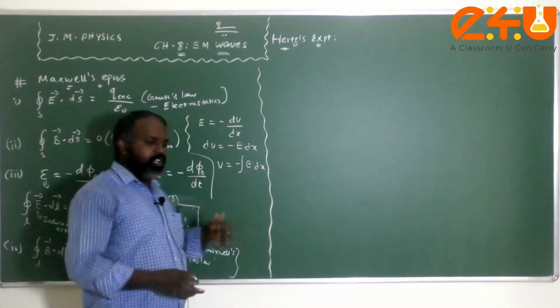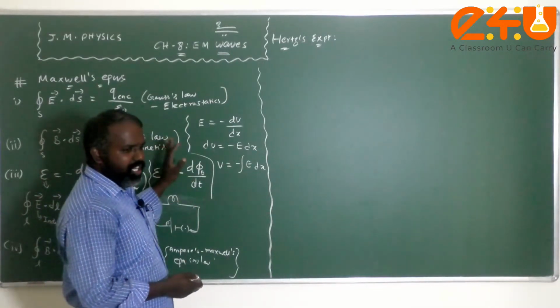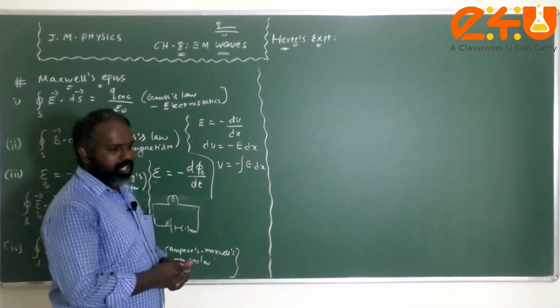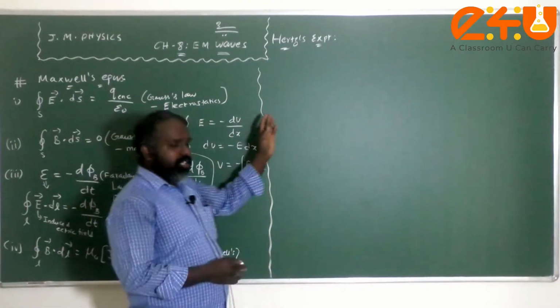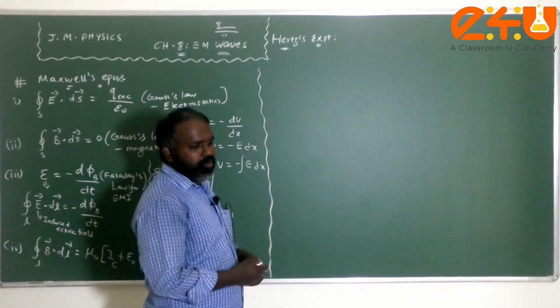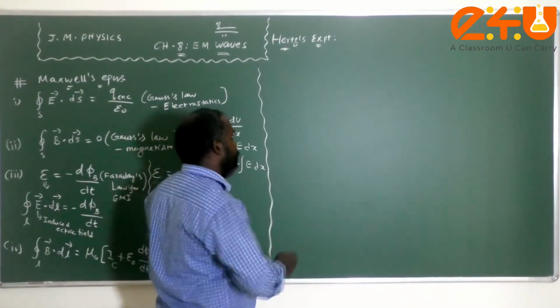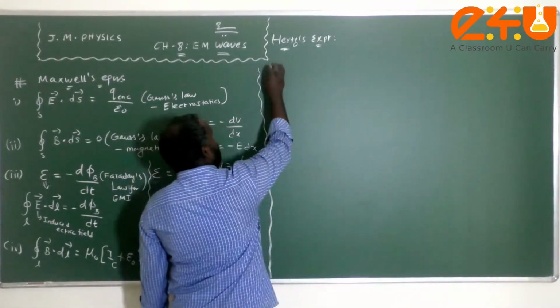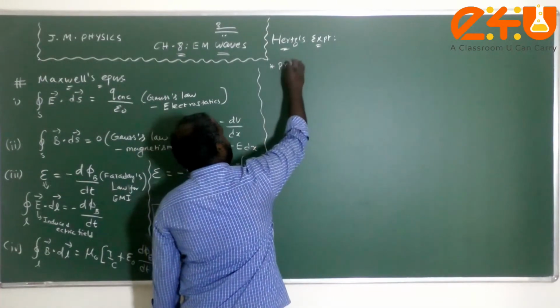That is the theoretical information given by Maxwell, as predicted by him. But Hertz is the scientist who was the first to produce electromagnetic radiations experimentally. The principle of this is very simple.